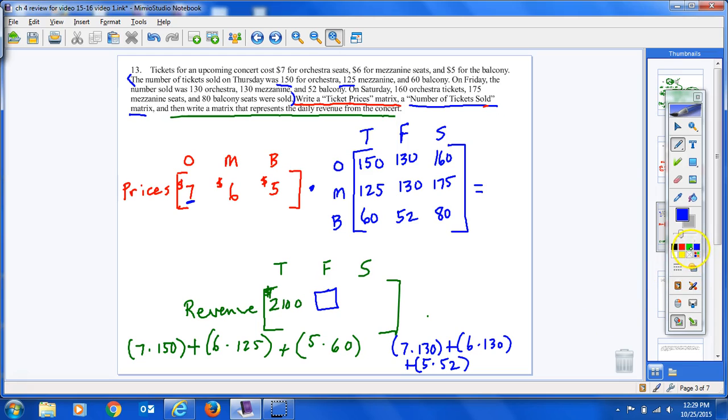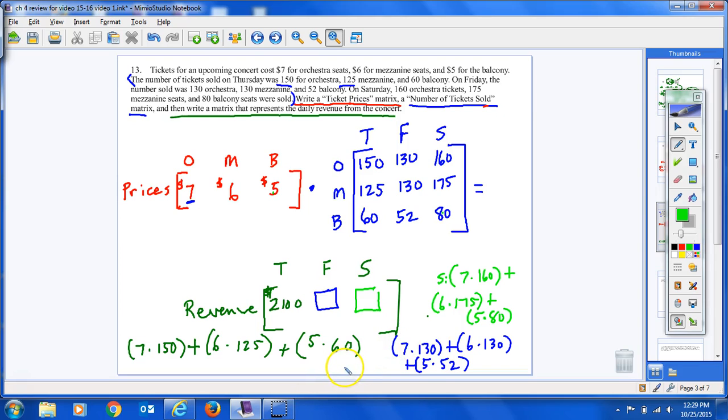And then finally, for Saturday, you should get 7 times 160. Remember, we're just doing row times column, plus 6 times 175 plus 5 times 80. And once you do those, that will finish up this final answer.